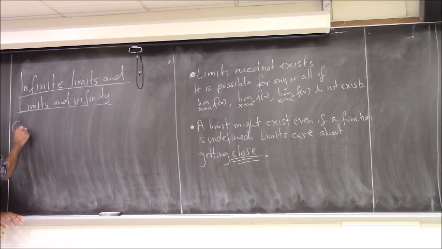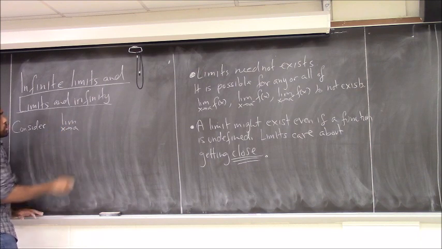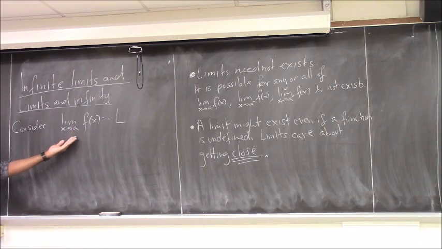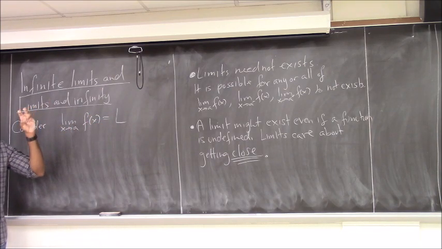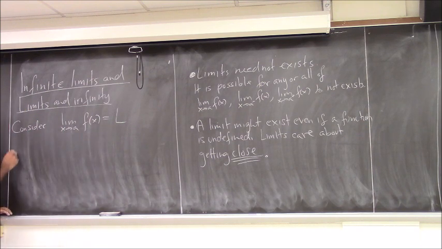So if we consider something like the limit as x approaches a of our function, let's call that L. So we can say the limit as x approaches a of this function is L, meaning L is the y value we're getting close to when our x value gets close to a, right? And so here's the definition.